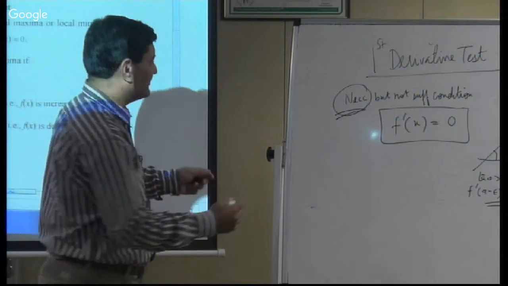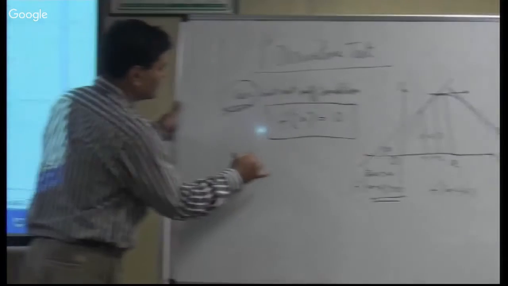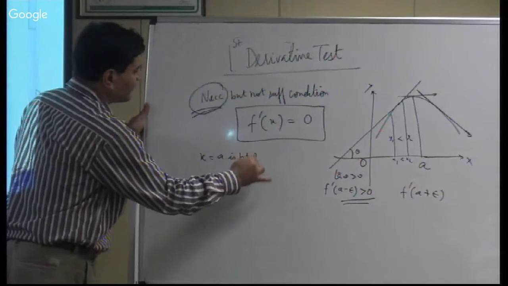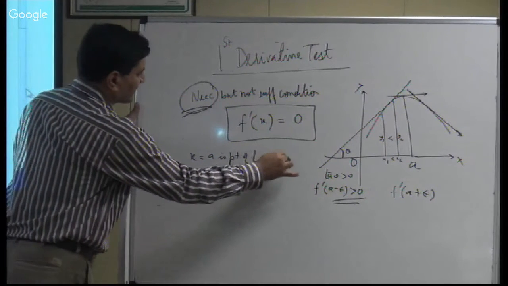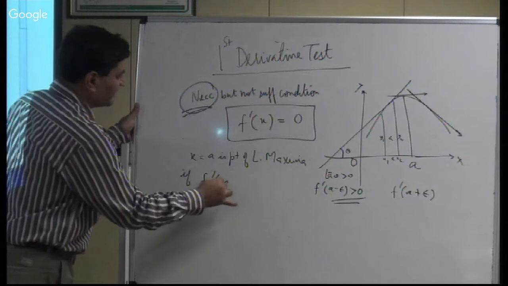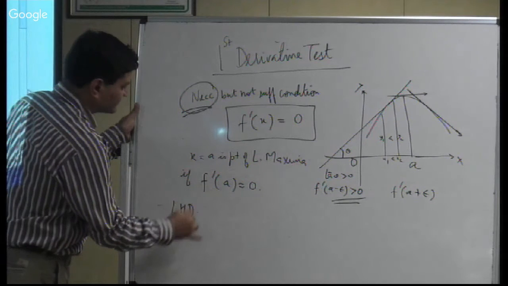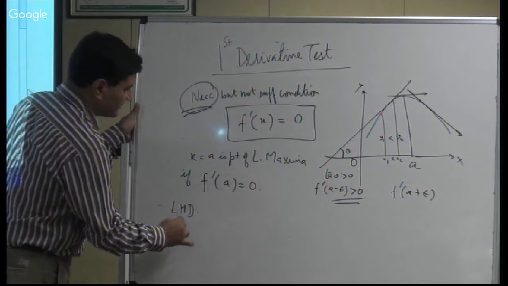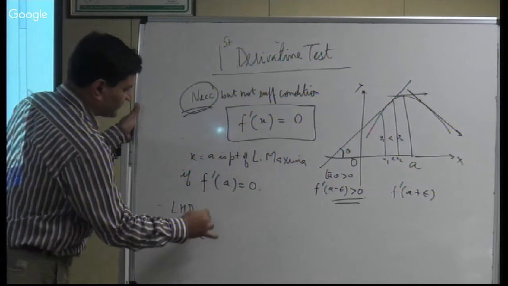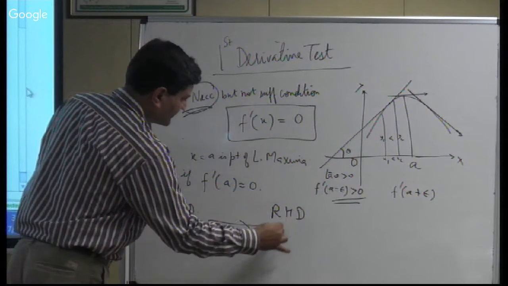So you can write: x equal to a is a point of local maxima if the derivative at a is 0, the left hand derivative is positive, and the right hand derivative is negative.